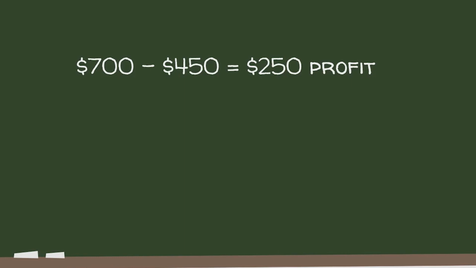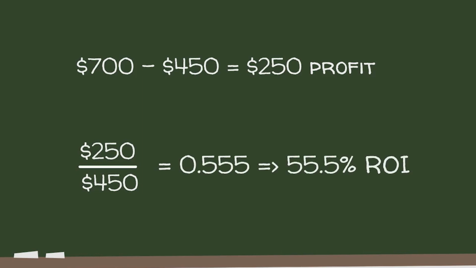Next, we want to determine what percentage of the cost of the campaign contributed to the profits. To get the percentage, we divide the profit of $250 by the cost of the campaign, $450, which gives us 0.555, or 55.5% return on the investment.